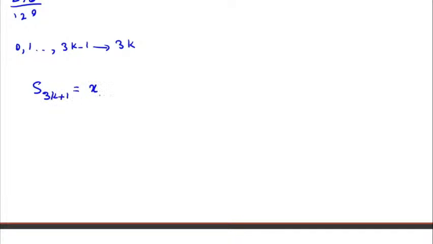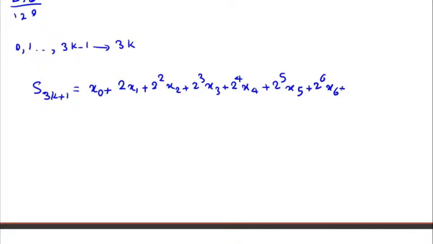It will be x_0 plus 2x_1 plus 2 squared x_2 plus 2 cubed x_3 and so on, for example plus 2^5 x_5 plus 2^6 x_6, and at the end you write 2^{3k-2} x_{3k-2} plus 2^{3k-1} x_{3k-1} and plus 2^{3k} x_{3k}. Okay.